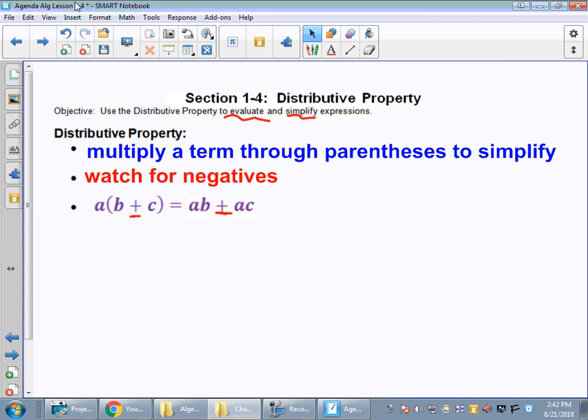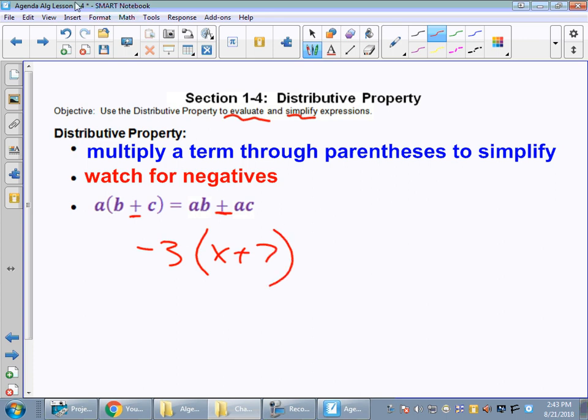So I'll give you an example with a negative just so we can throw that in there. Say we've got negative 3 times, in parentheses, x plus 7. According to what our distributive property tells us to do, it takes the number outside the parentheses and multiplies it through both numbers in the parentheses. So negative 3 times x would give us negative 3x.